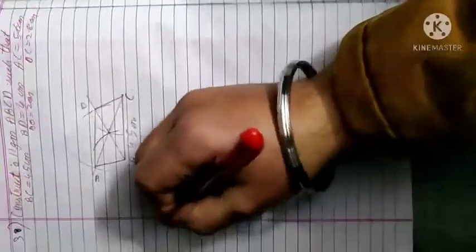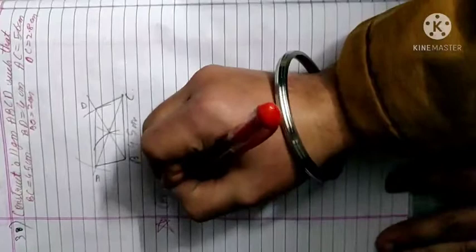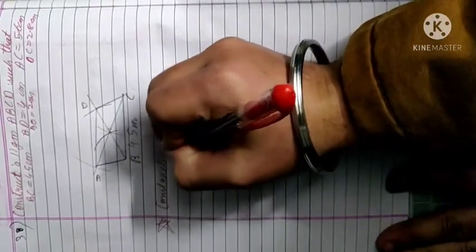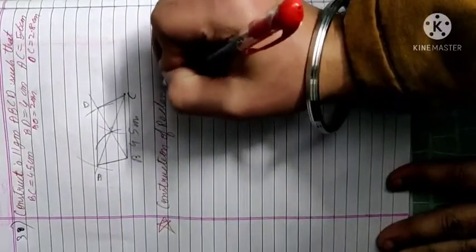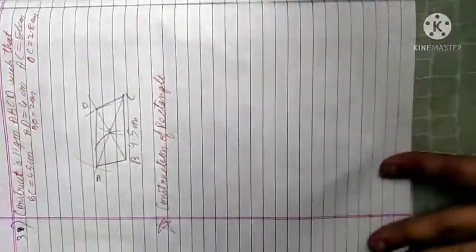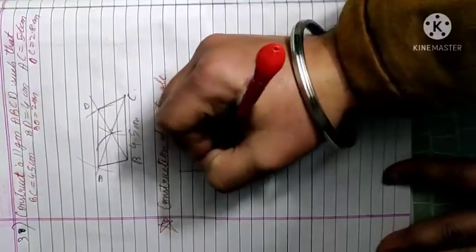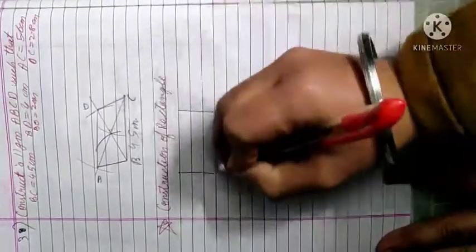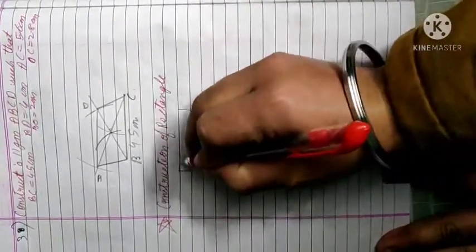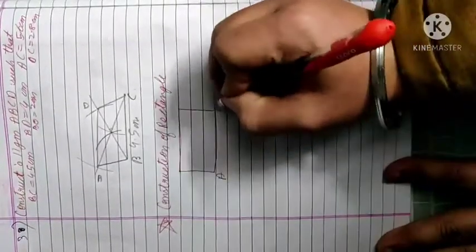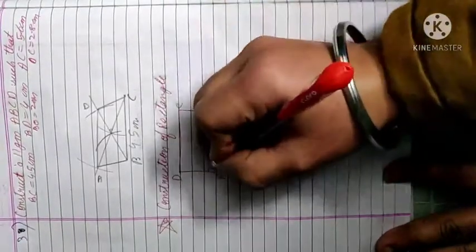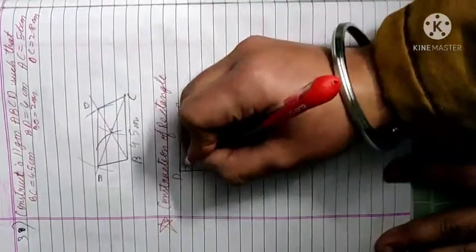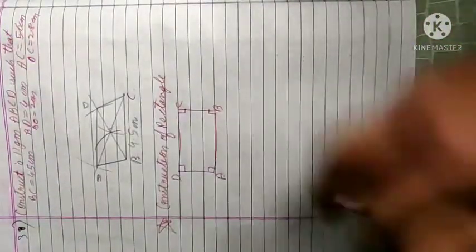So our next topic here is construction of rectangles. For construction of a rectangle, if this is our rectangle ABCD, here all the corners are at 90 degrees.